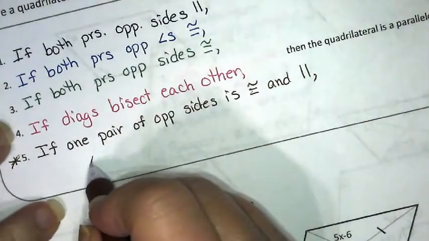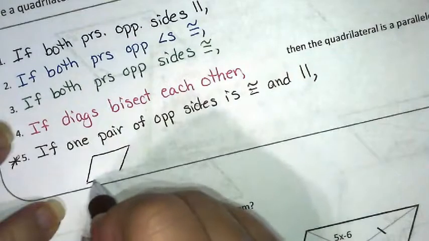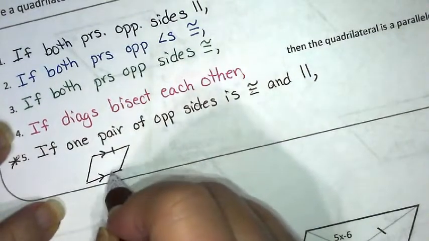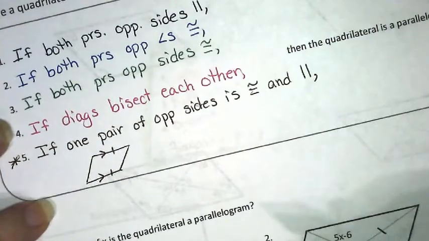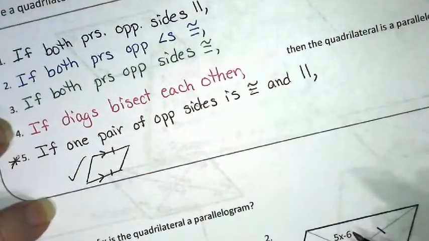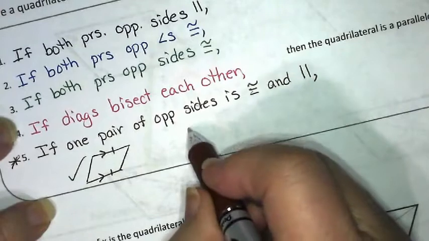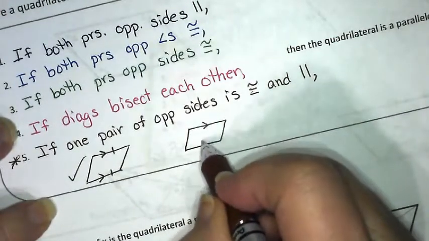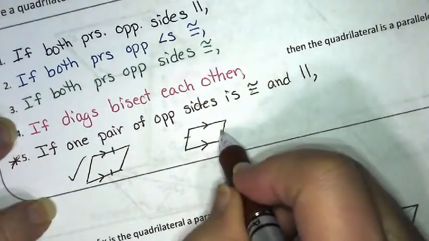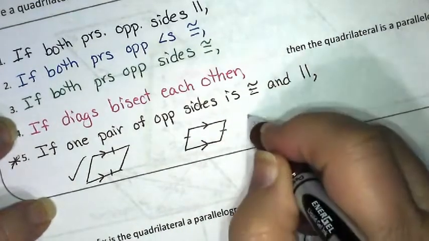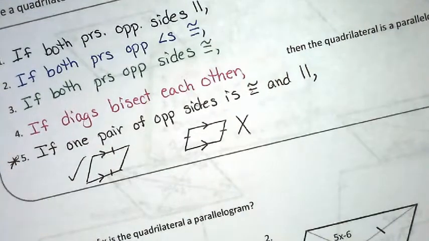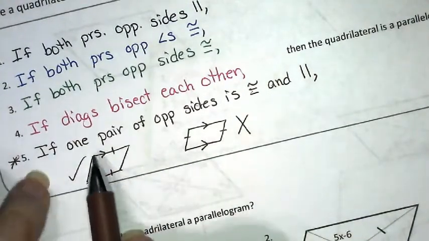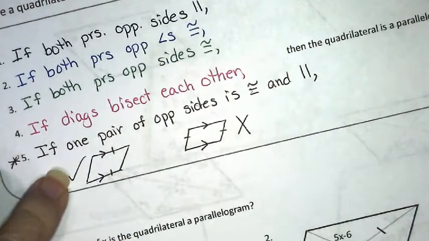So that means I've got a shape here, and I told you that the top and bottom are parallel, and I also told you that the top and bottom were congruent. That's a parallelogram. If I told you that the top and bottom were parallel and the right and left were congruent, that is not enough information to prove that this quadrilateral is a parallelogram. So be really careful. It has to be the same pair of opposite sides.